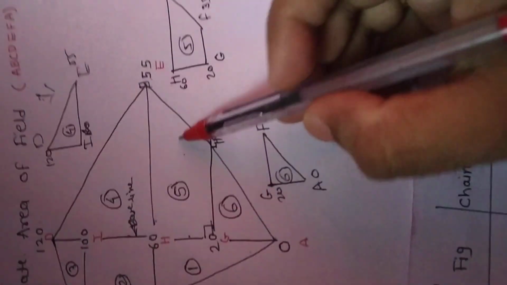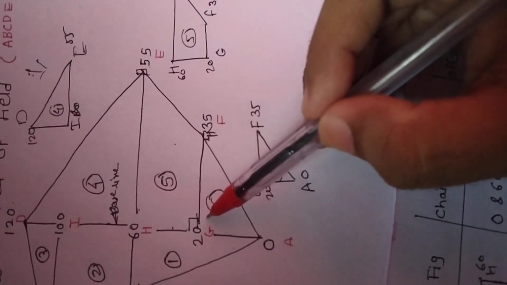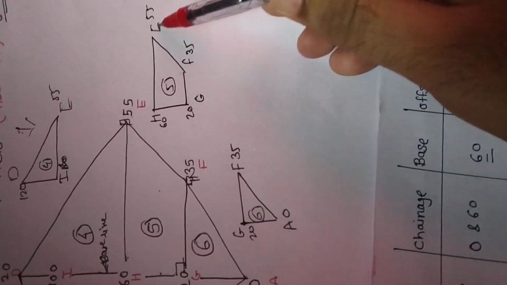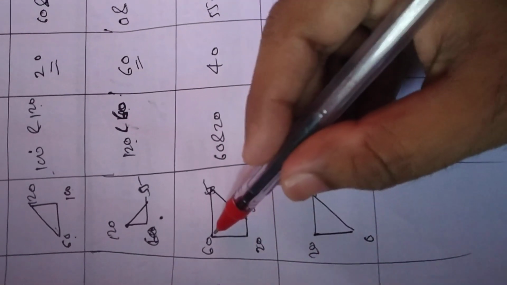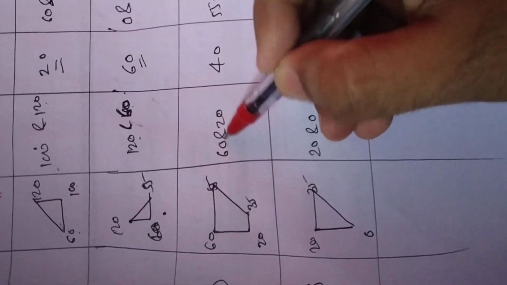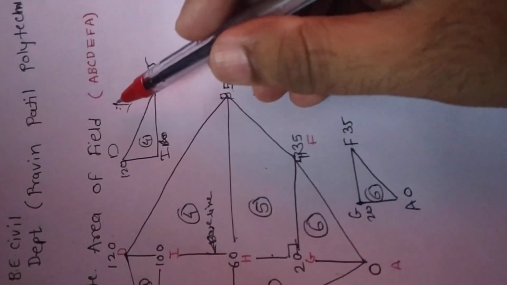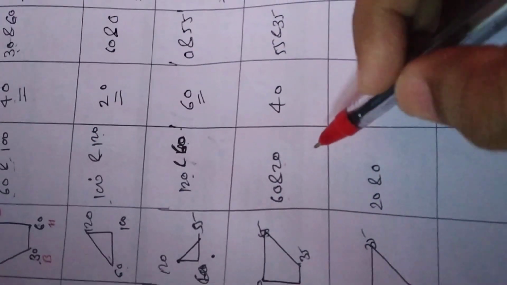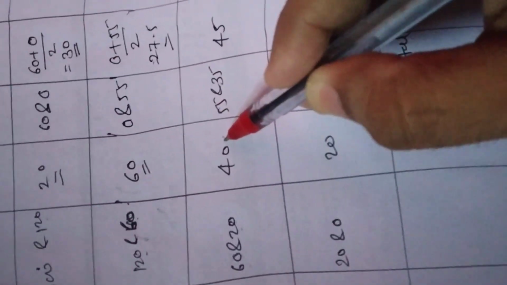Similarly, next figure number 5, I am drawing here separately. Here is 60, 20, 35, 55. I am drawing the same figure here. Next, chainage 60 and 20. Why am I writing 60 and 20? Because on the right side I am coming from top to bottom. So 60 minus 20 is 40.